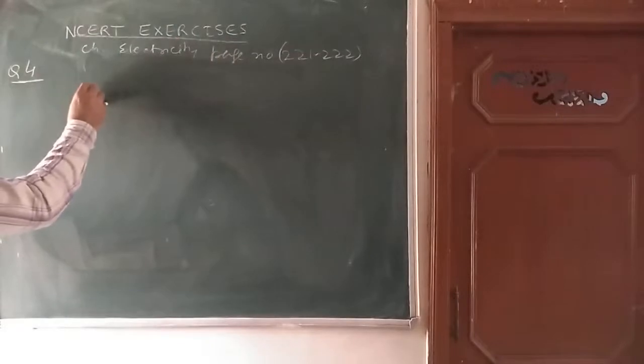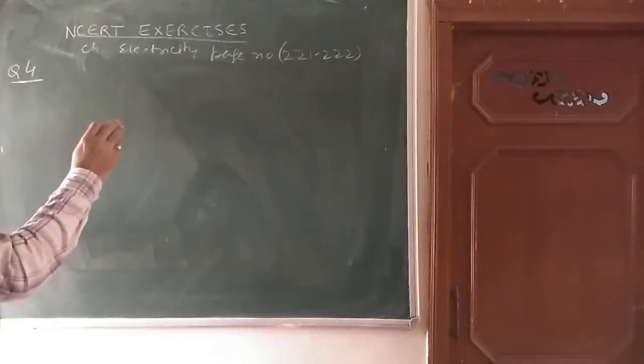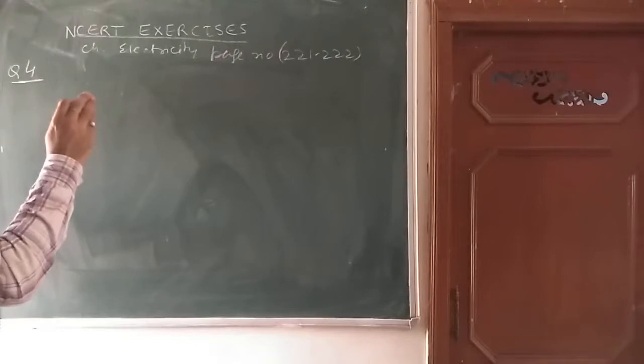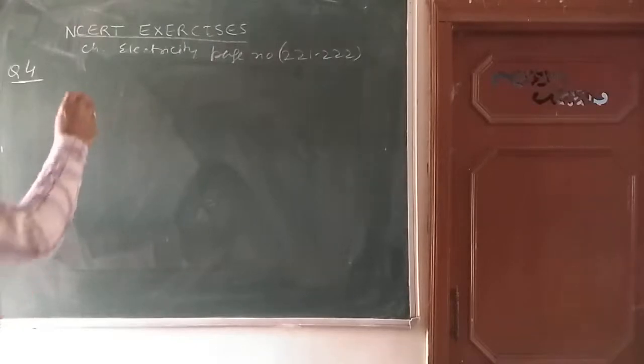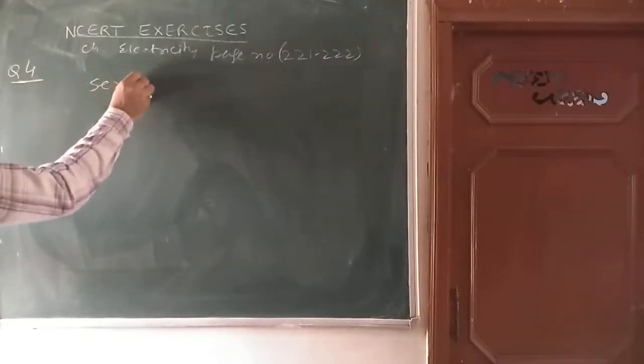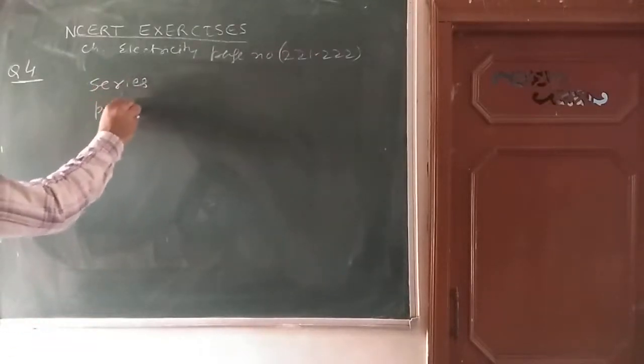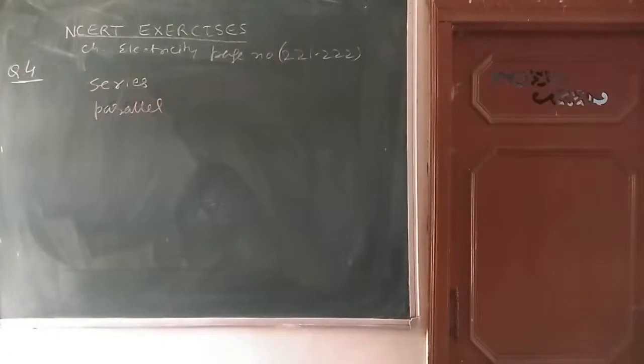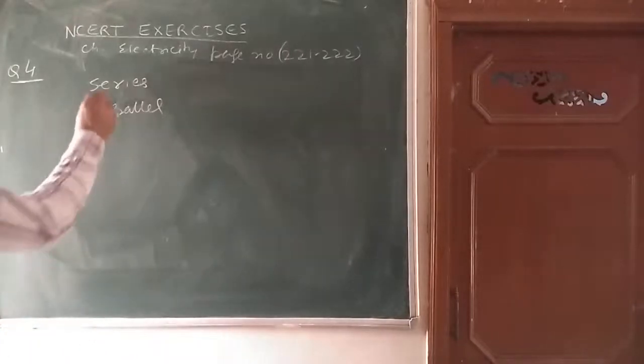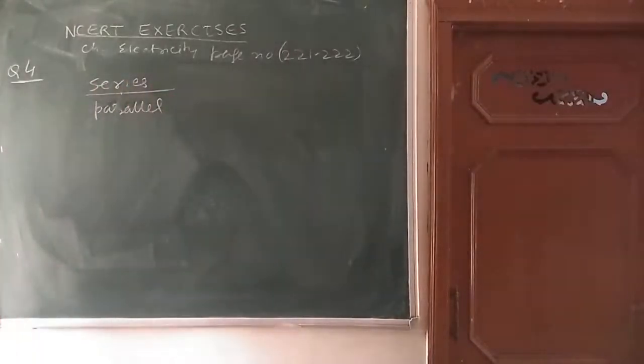Two conducting wires of the same material and of equal length and equal diameter are first connected in series and then in parallel in a circuit. The ratio of the heat produced in the series and parallel combination would be, that I am going to find out.